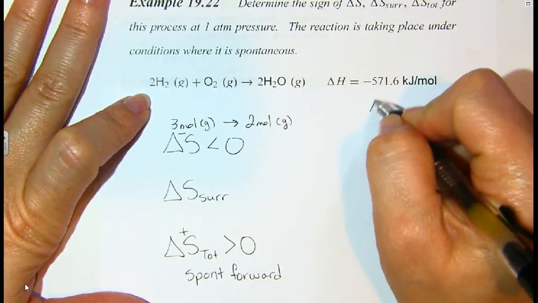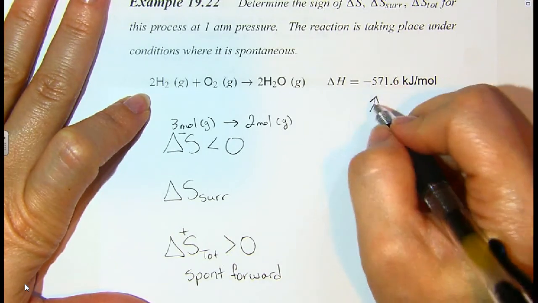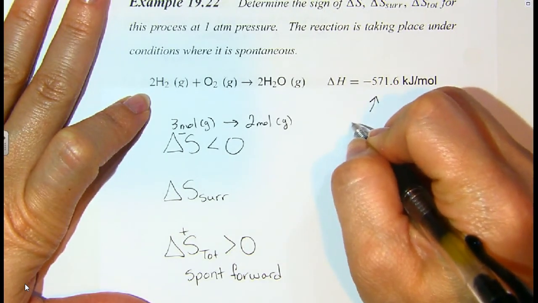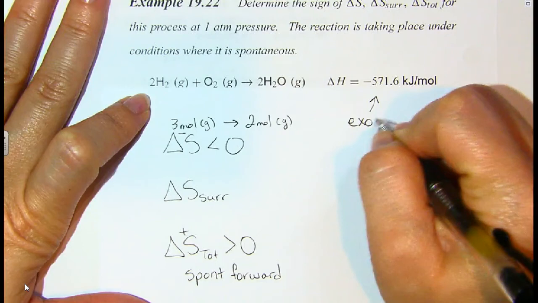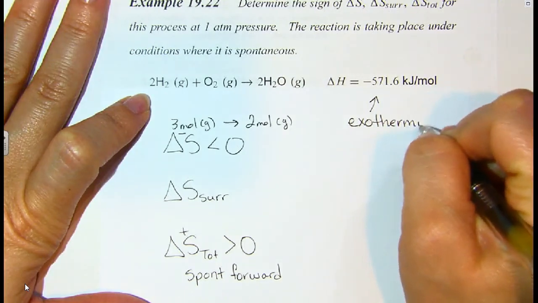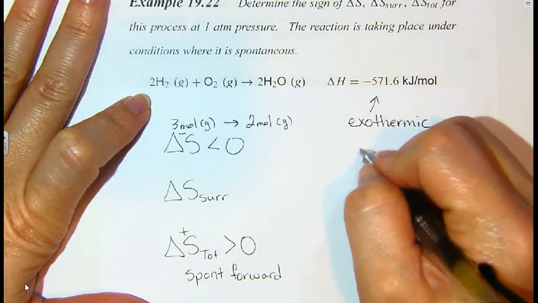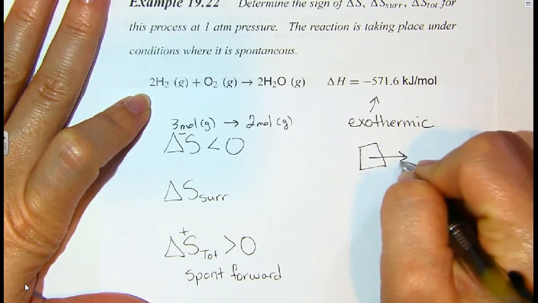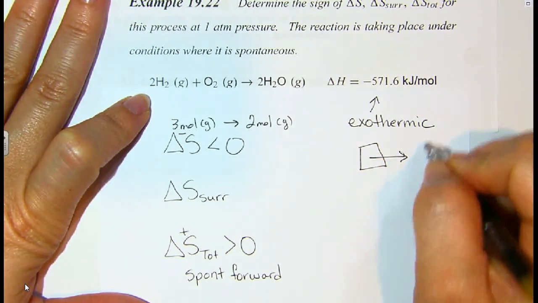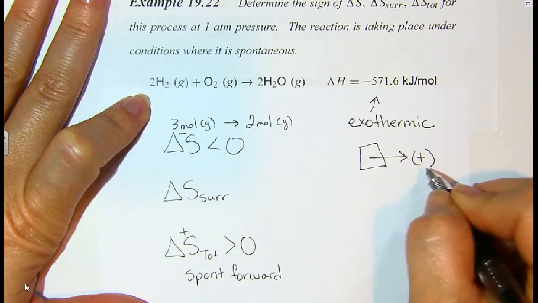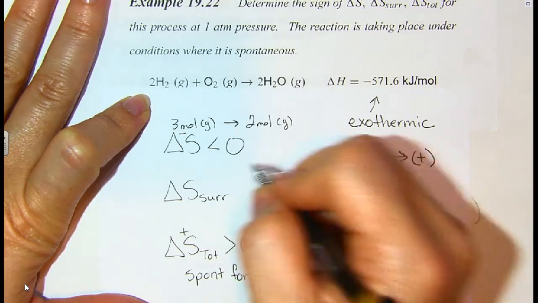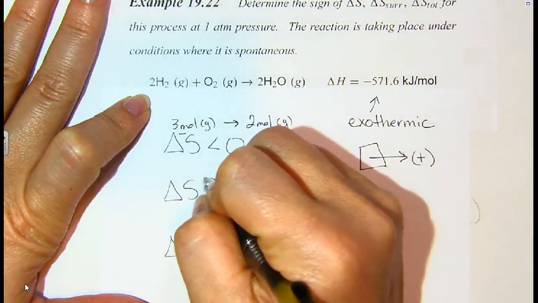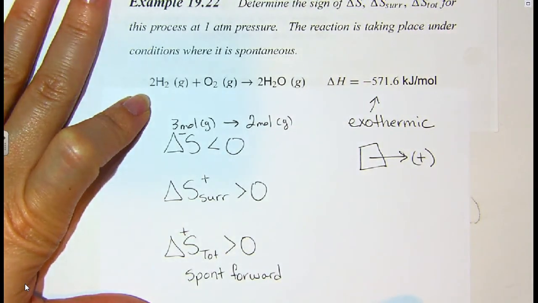Finally, if we look here, delta H that is negative means we have an exothermic process. And so because it's exothermic, the heat is moving from the system out into the surroundings, which means that my delta S of the surroundings must be a positive value. So this is going to be greater than 0 or a positive value.